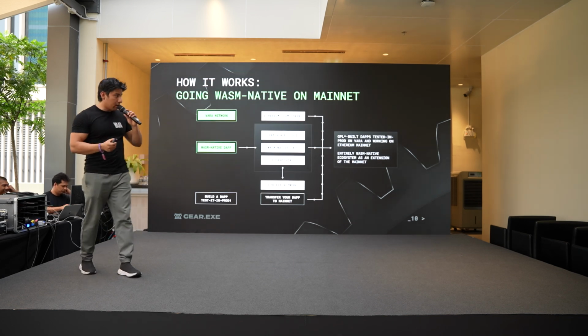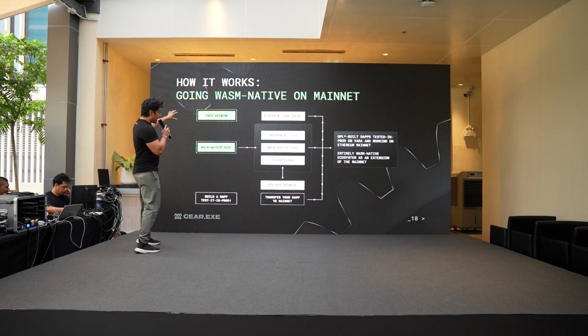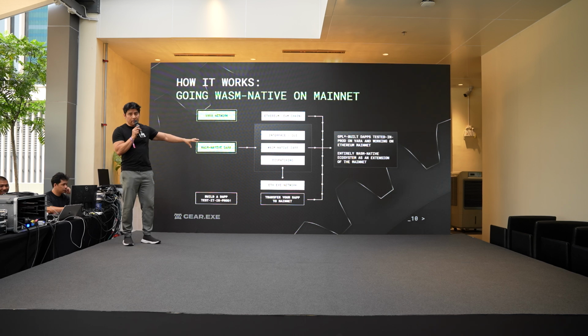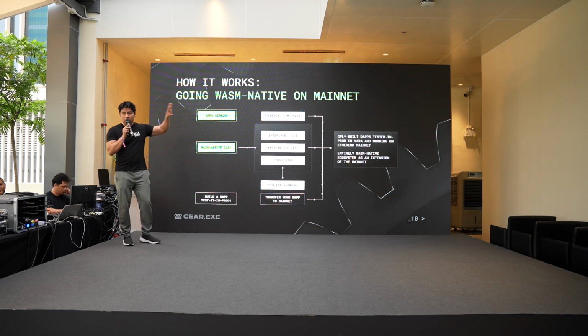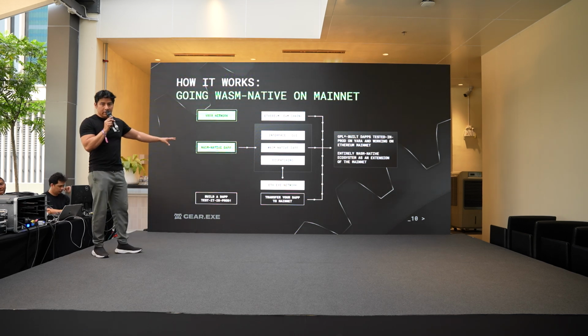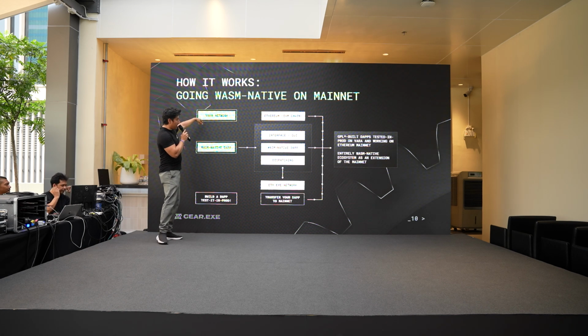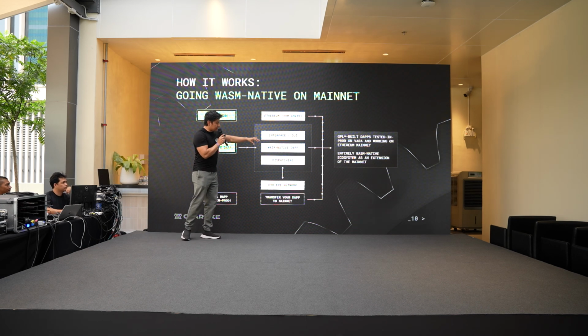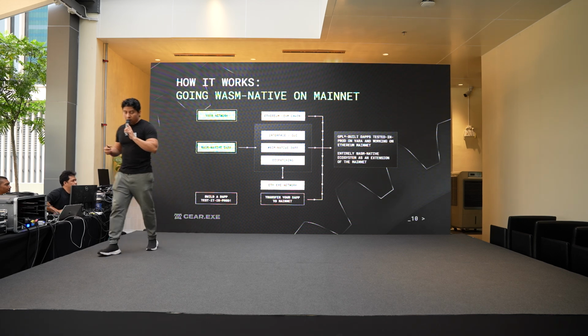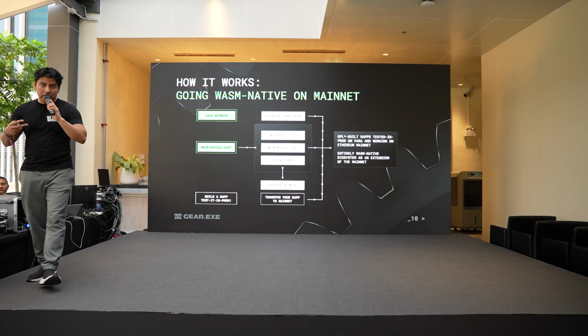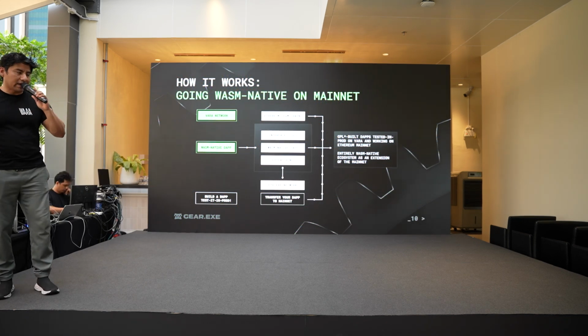Okay, here we have a design of how it works right now, the ecosystem, the whole of Gear.exe. We have the networks, of course, the Ethereum network, we have the Vara network, and we have this, which is the engine that works and facilitates all the processing that you need in your application.